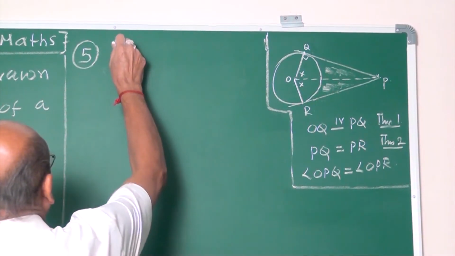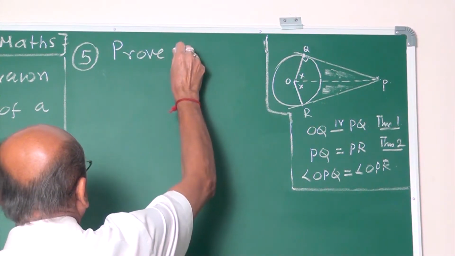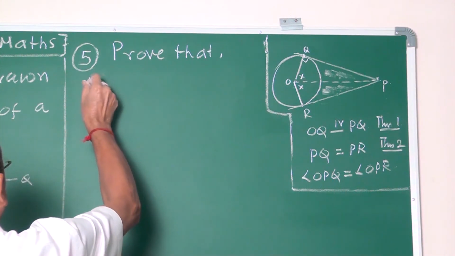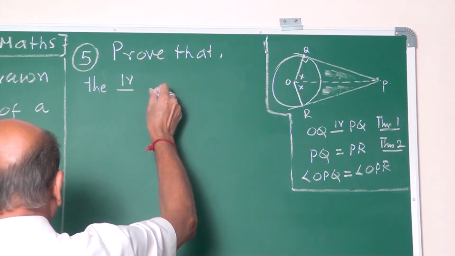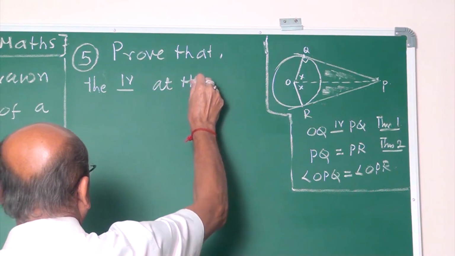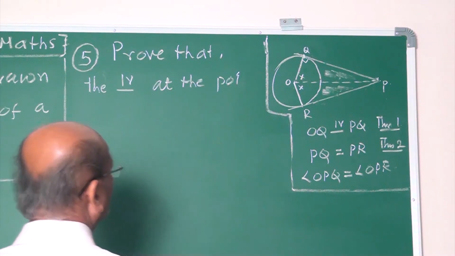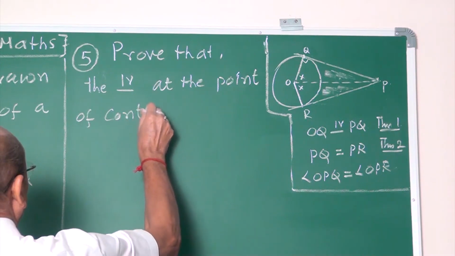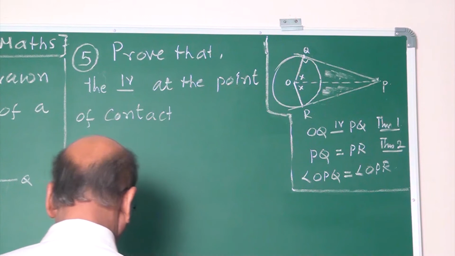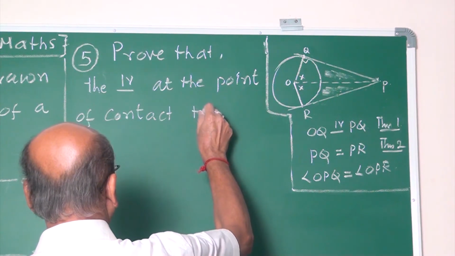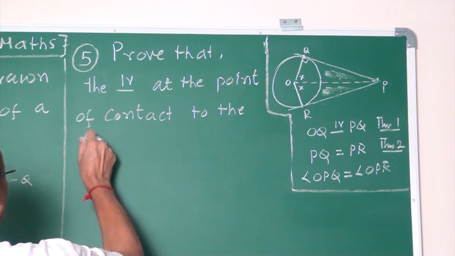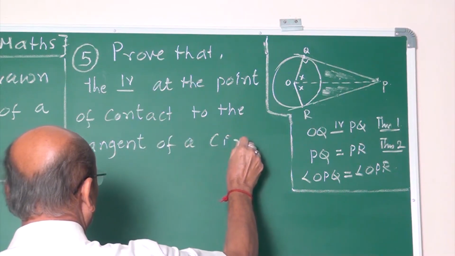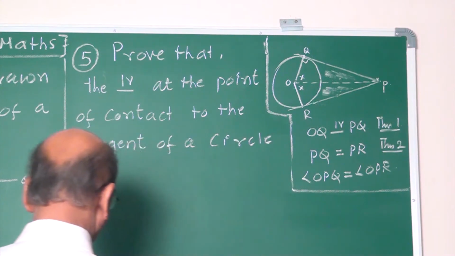Prove that the perpendicular at the point of contact to the tangent of a circle passes through the center.